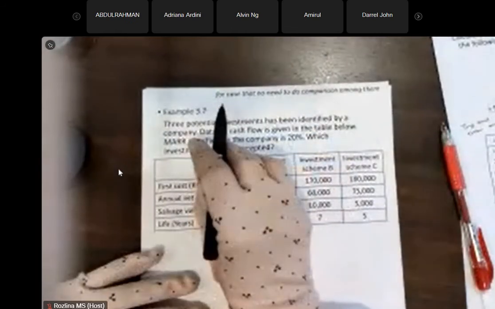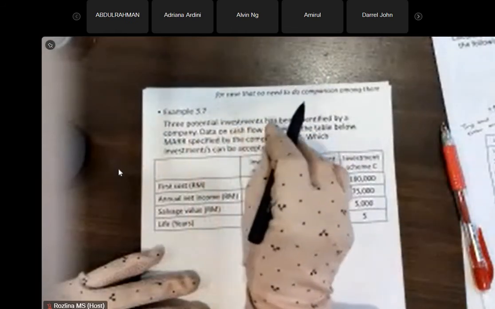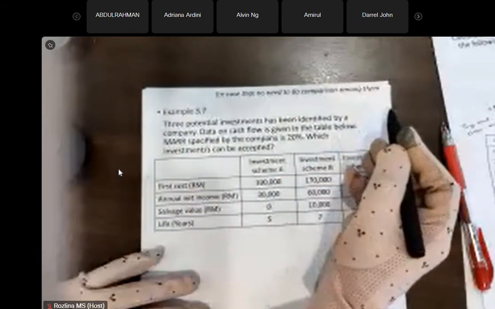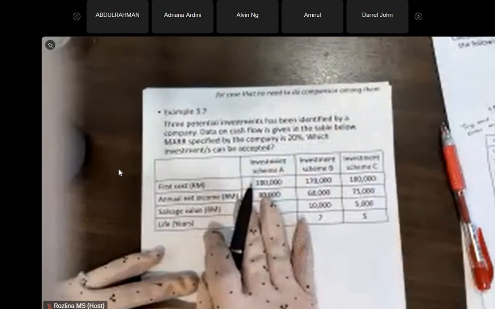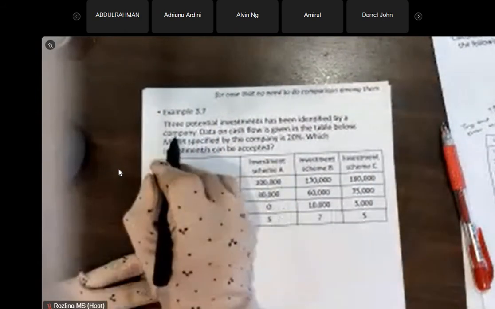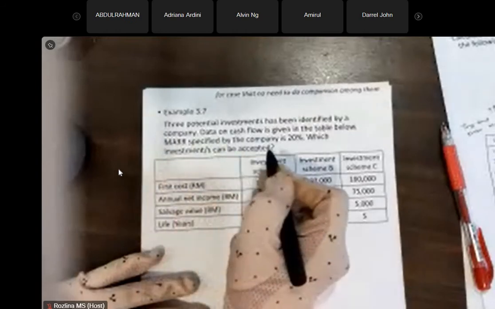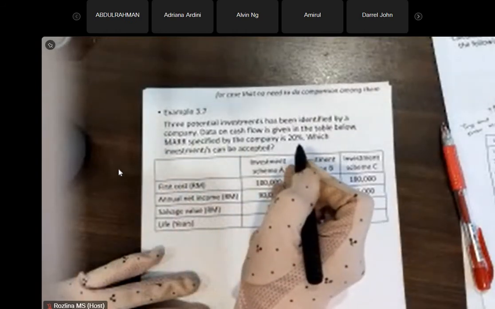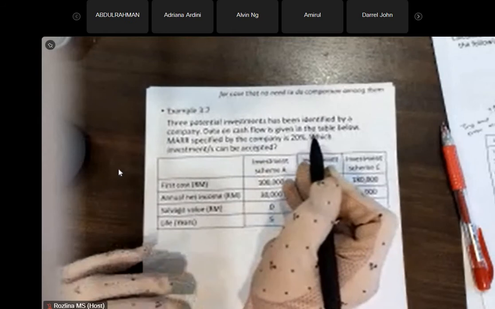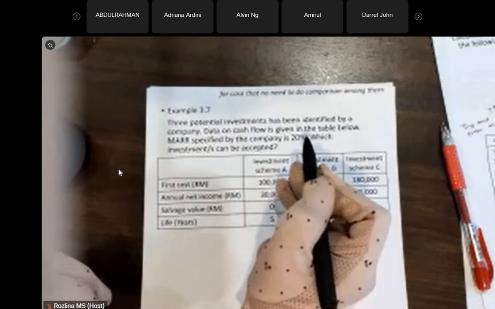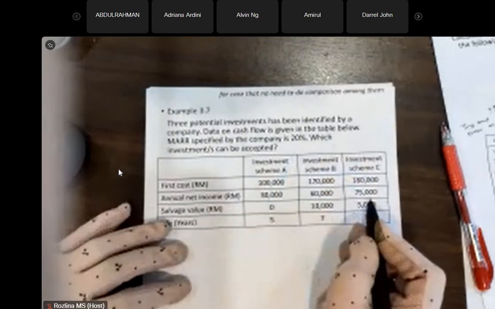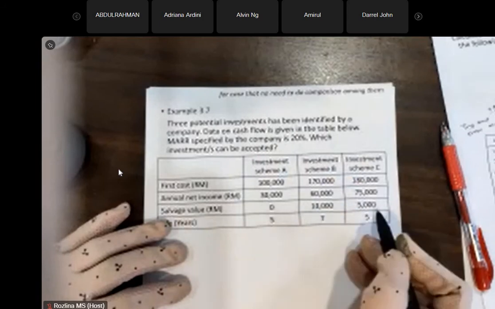This is for the case where there is no need to do comparison among them. You are given a MARR specified by the company, which is 20%. But you still want to decide which investment can be accepted, not the best, but the one that can be accepted.